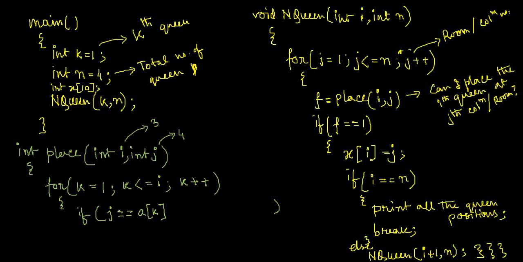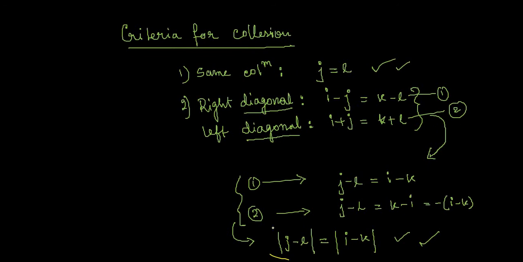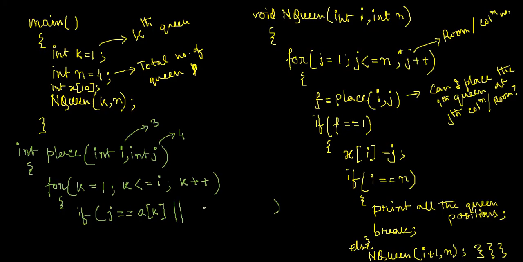But this is not the only condition. I have one more condition also. So I have an OR. And what is the other condition? The other condition is this: if the absolute value of j minus L equals the absolute value of i minus k. Obviously you will not be able to write absolute value like that.